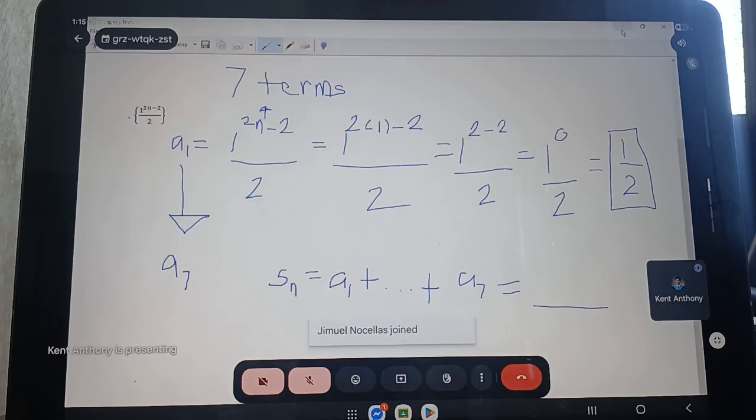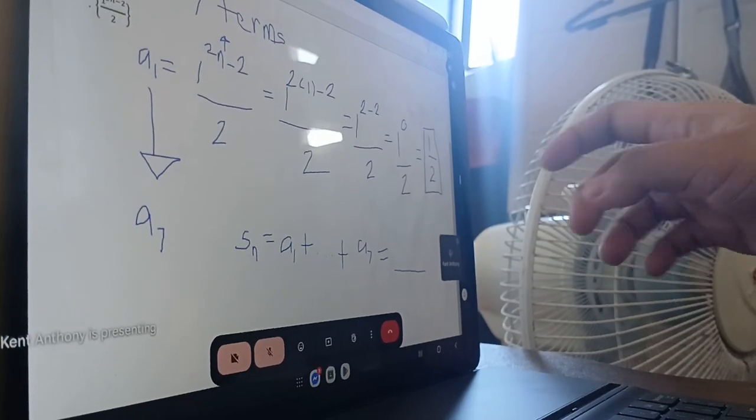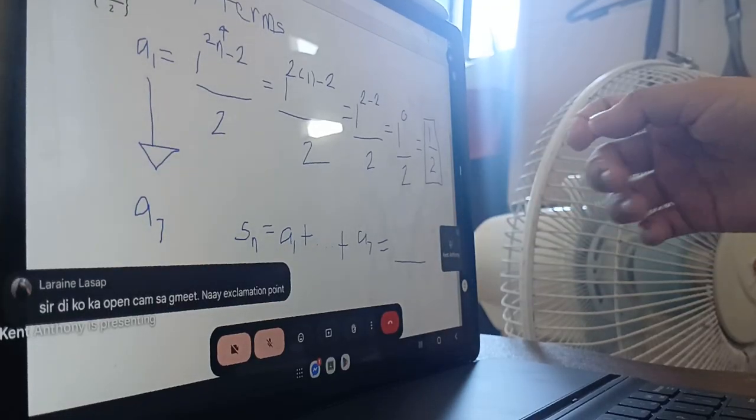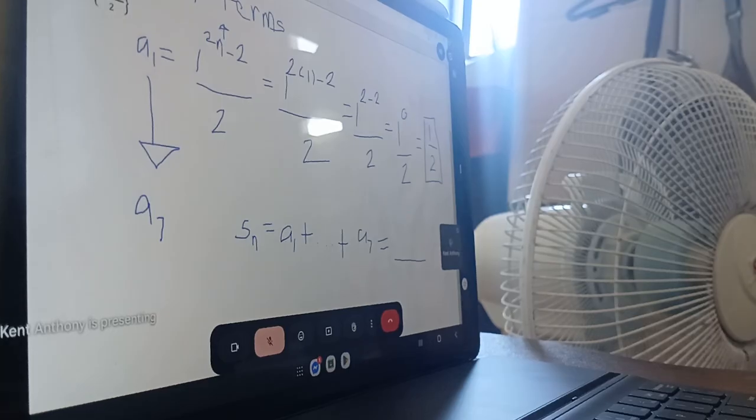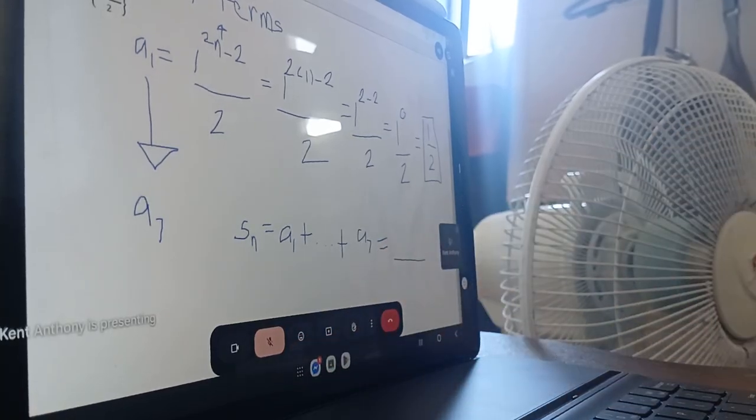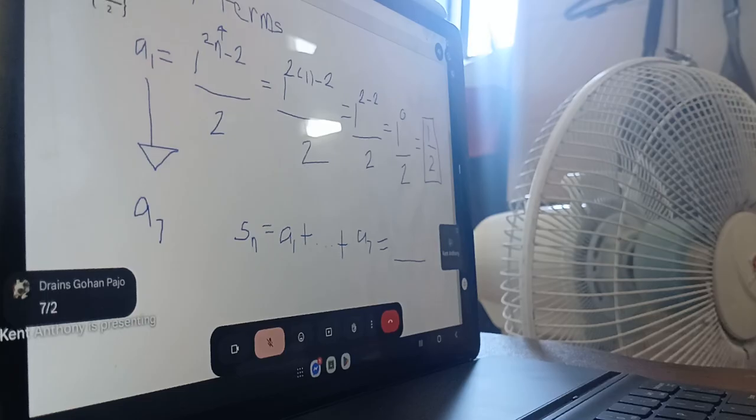And also, can you turn on your camera so that I can see that you are doing this task this afternoon? Okay, I want to see. That is noted.